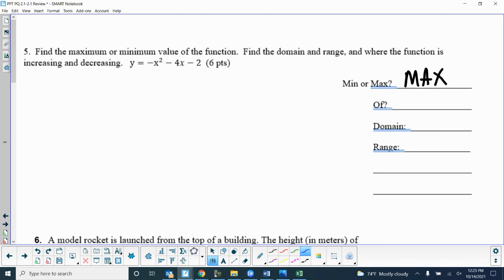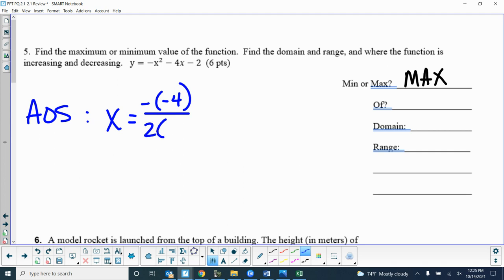Before I can find the vertex, since it's in standard form, I gotta find the axis of symmetry. Right, thank you. So, Rob, what is negative b? Negative 4. There you go. So we got positive 4 over negative 2, so what's my axis of symmetry? Negative 2, right?